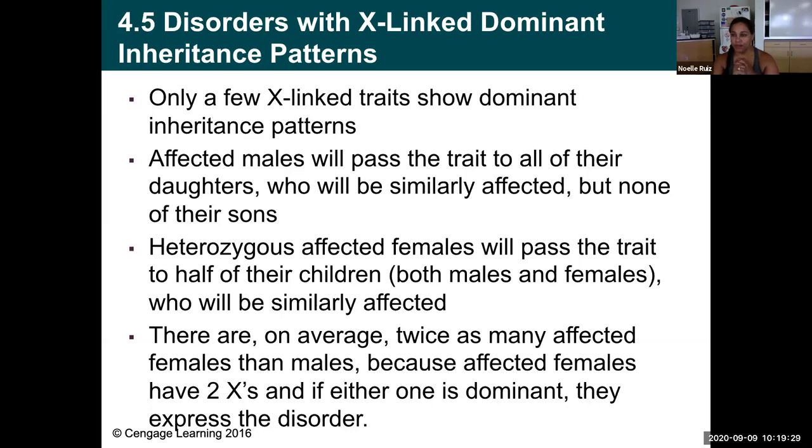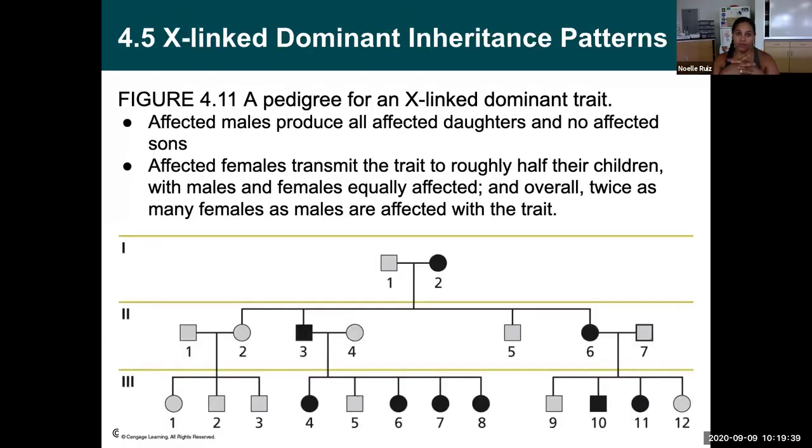So if you look at a pedigree and you see that twice as many females are affected as males, then it's most likely an X-linked dominant inheritance pattern. So you can see the affected males produce all affected daughters, but no affected sons, because they only have the one X to pass on, and if the one X that they have is linked to a diseased allele, that's what they pass on to their daughters.